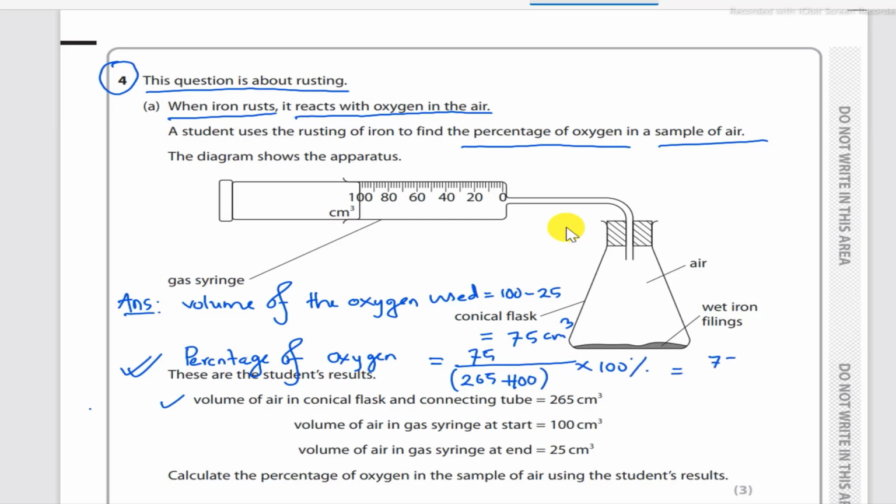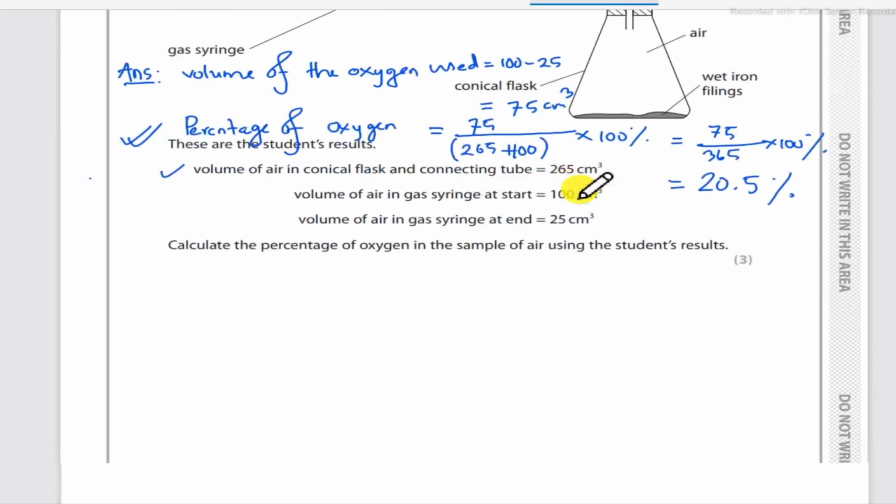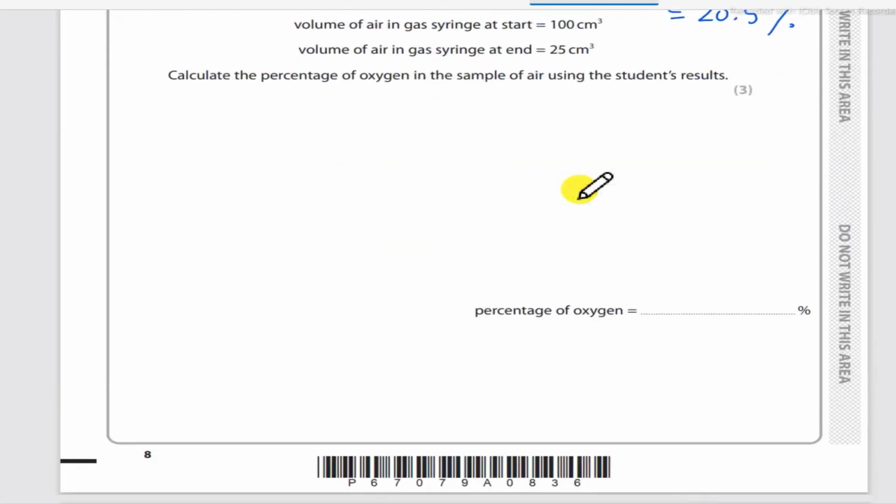So 75 divided by 365 into 100%. So it is about 20.5%.